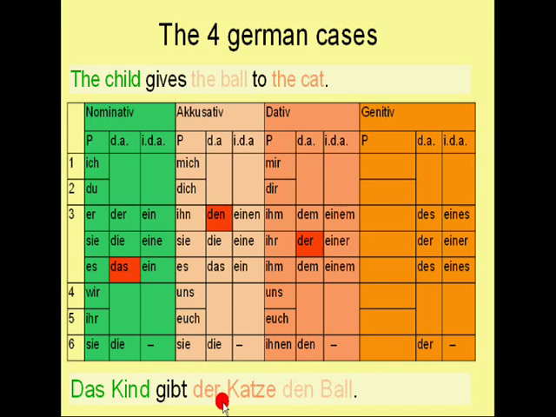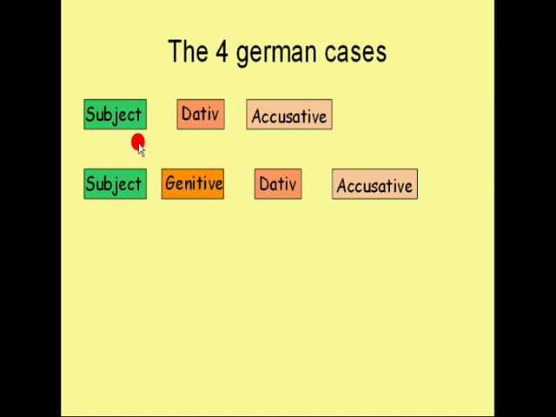Now, as you can see, the word order in German is switched, so it's not like in the English language that the direct object comes first and then the indirect object, but it is switched. But anyway, this is the normal word order in German, okay? Subject, dative and accusative case.